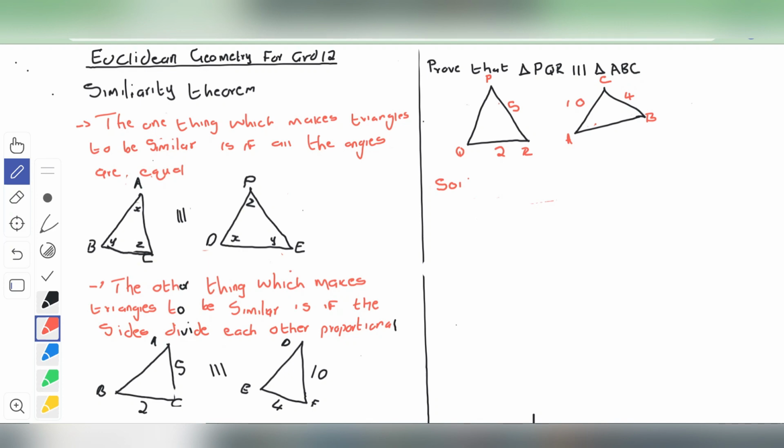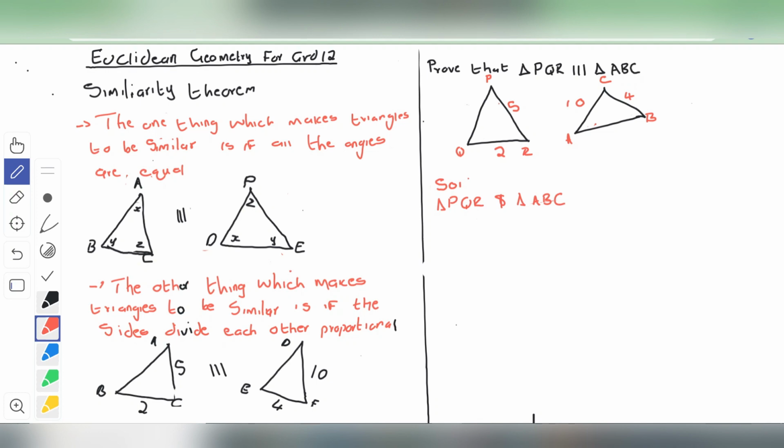We don't have the angles, but we're given the sides, so we know we're going to prove using the sides, right? So the first thing, always guys, we write it down. Triangle PQR and triangle ABC. We need to write these things before we can start proving.